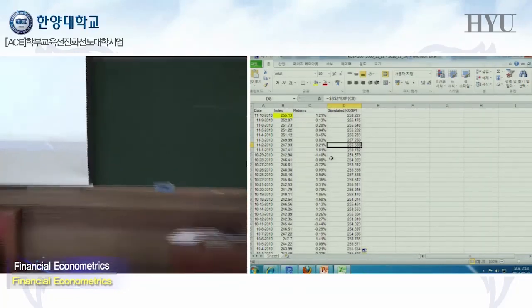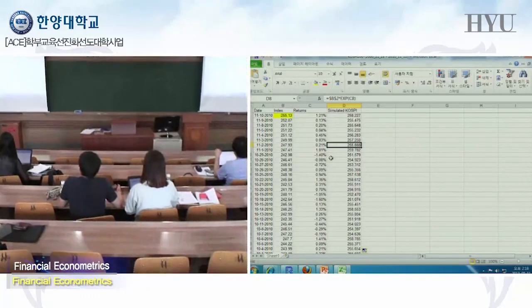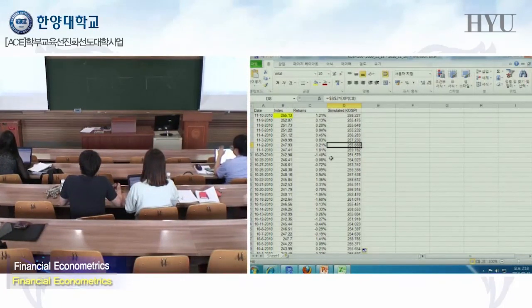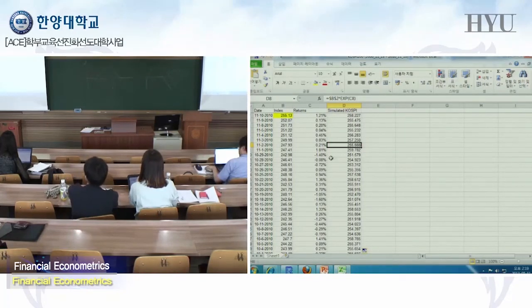Then tomorrow's stock price should be 255, right? And this is all positive. How about this negative? On October 27th, 2010, the stock price went down 1.72% from yesterday. If that drops again tomorrow, our stock price should be this multiplied by this, which is 253, right?